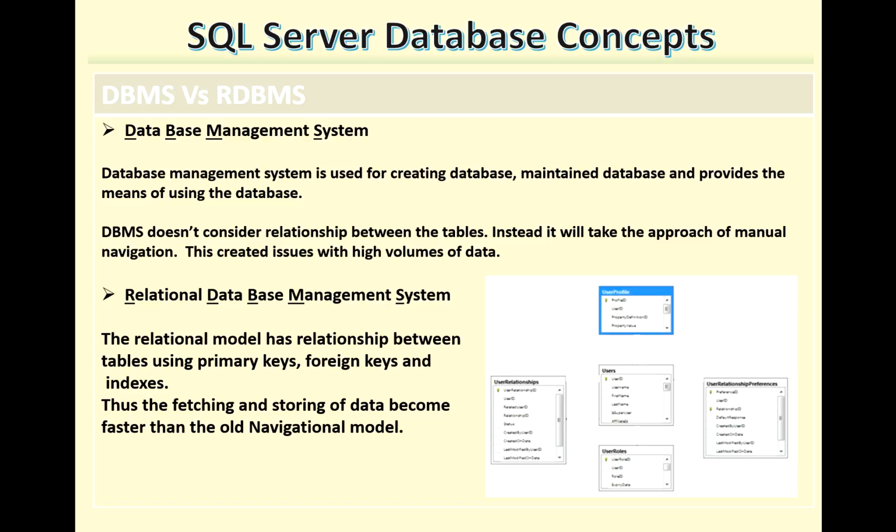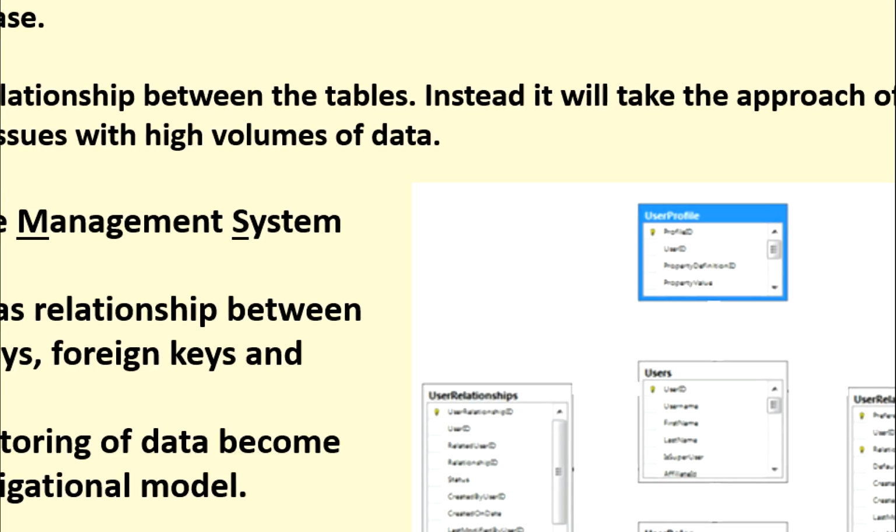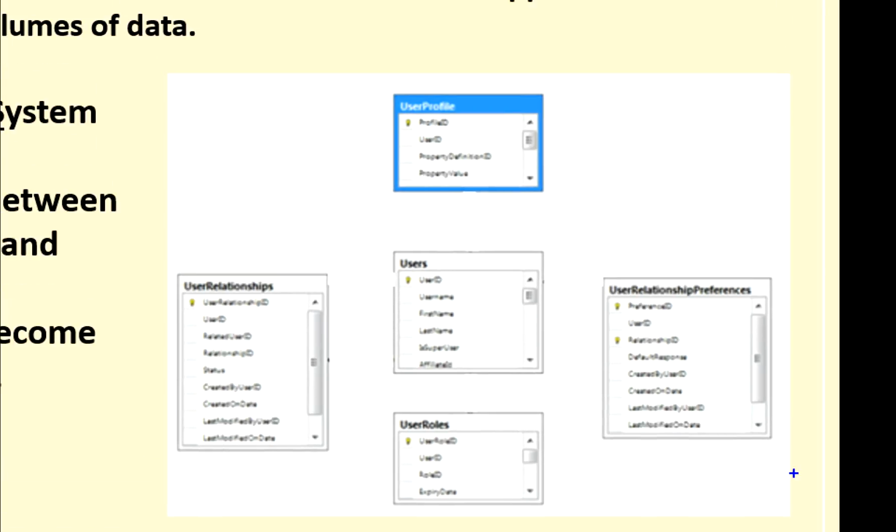That means unless you look at the data manually, you cannot know that the tables are related. For example, in this picture we have a bunch of tables: user profile, users, user roles, user relationship preferences, and user relationships. There are around 5 tables here. Unless I go and look into the tables' data, I don't know whether these tables are related.